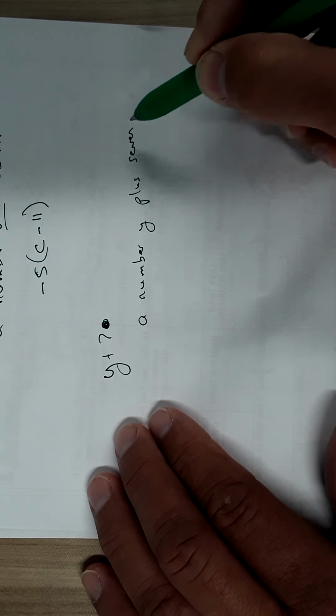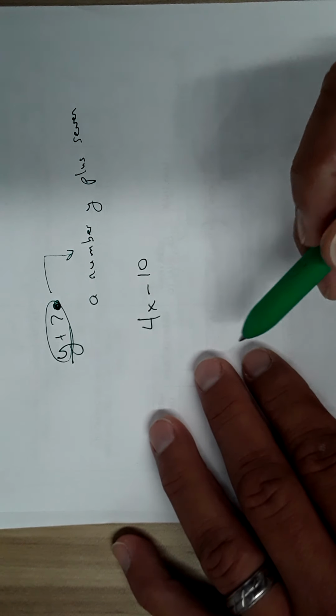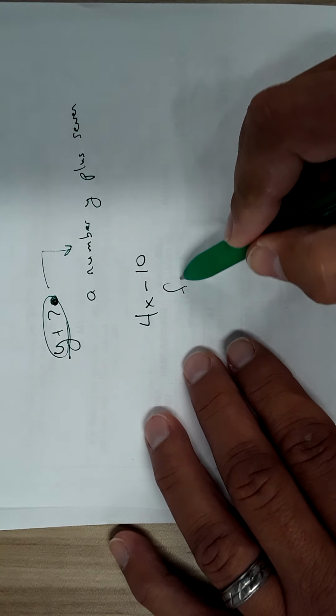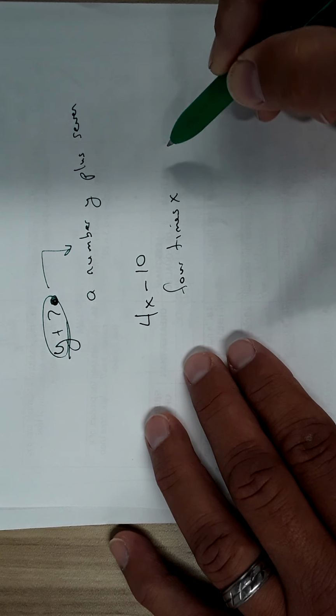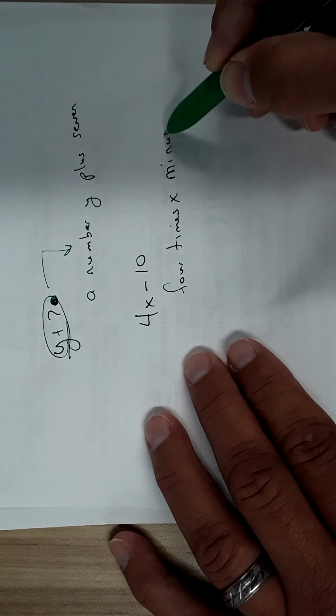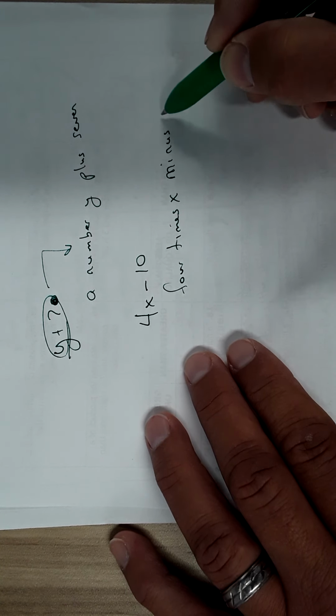If I said this, and I wanted you to write this out in words, you would say 4 times x minus 10. If I asked you to read that to me, you'd say 4x minus 10. And that's about exactly the way that I wrote it. But you'd have to show this multiplication. So 4 times x minus 10. And that's a sufficient answer.